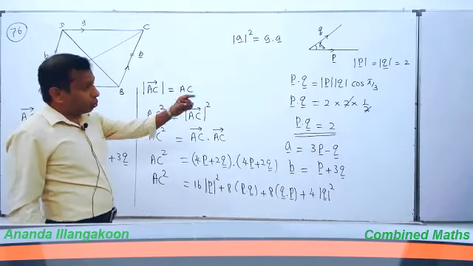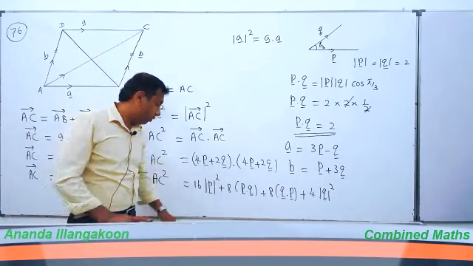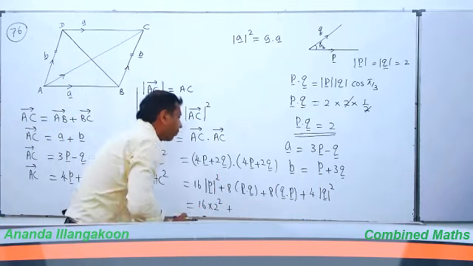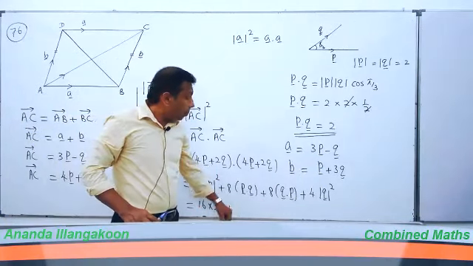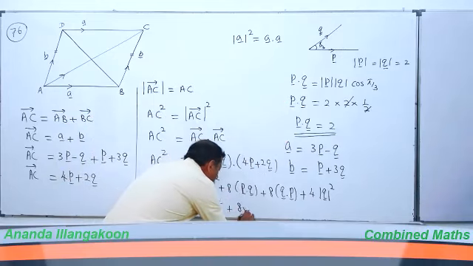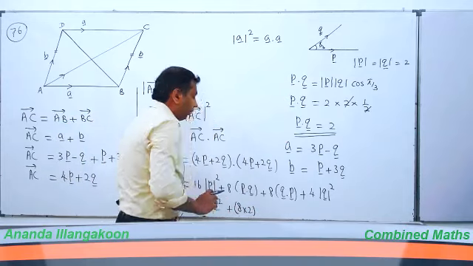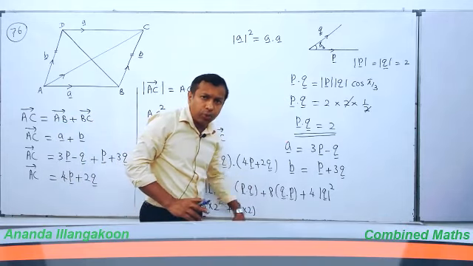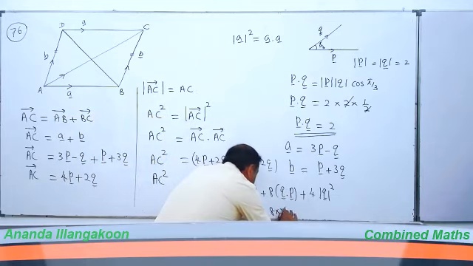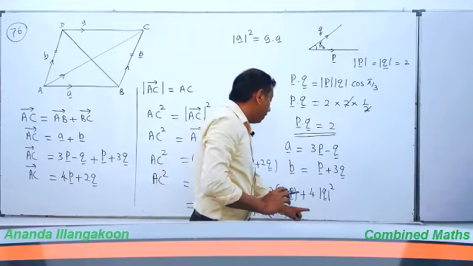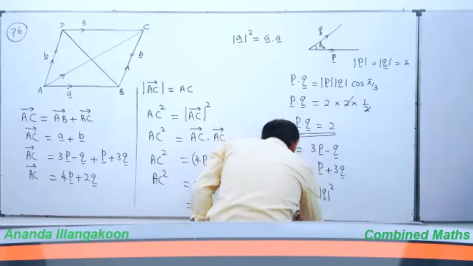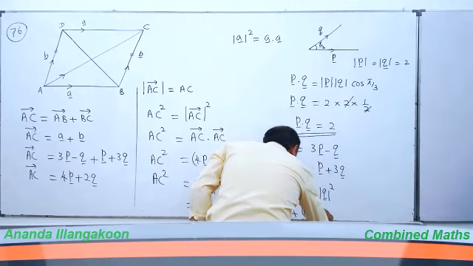Mod P is 2, then here 2 squared: 16 multiplied by 2 squared. P dot Q we found 2, then here 8 into 2. Here Q dot P is equal to P dot Q, therefore this is also 2: 8 into 2. And here mod Q is 2, so 2 squared plus 4 into 2 squared. This is the left hand side, AC squared.